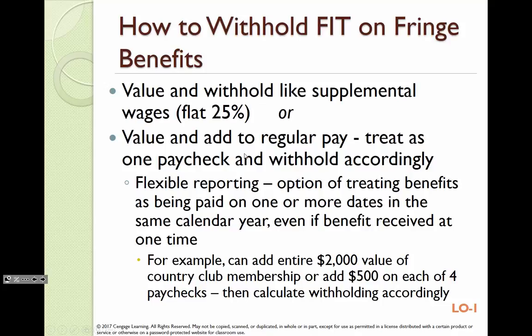This is also introducing the first time you've seen the flat rate on supplemental wages. And the answer to that is 25%. Now, does anybody remember the federal income tax brackets? What's the lowest bracket?